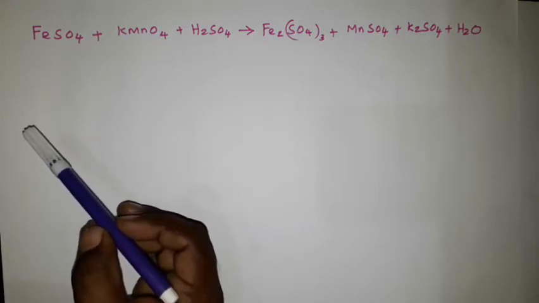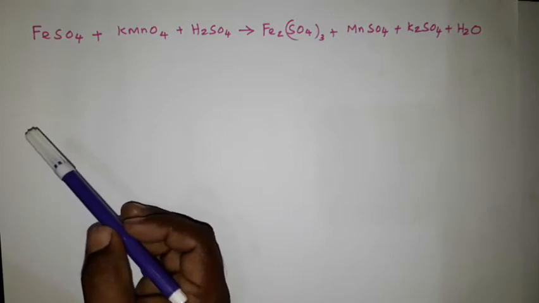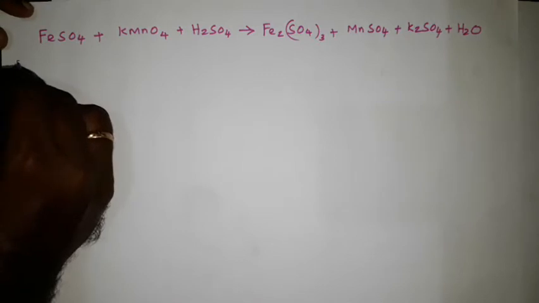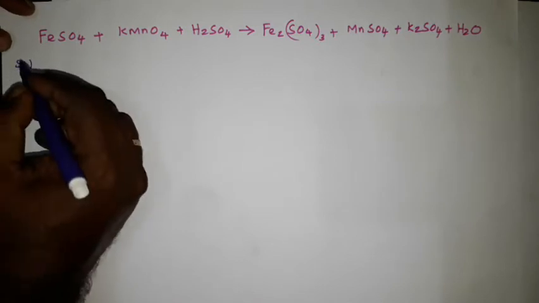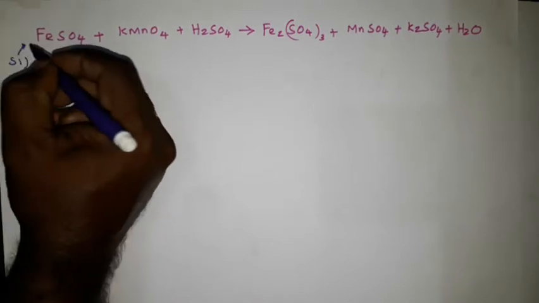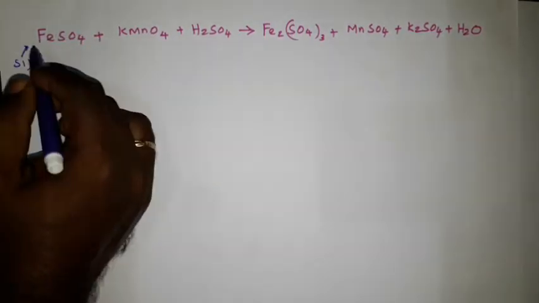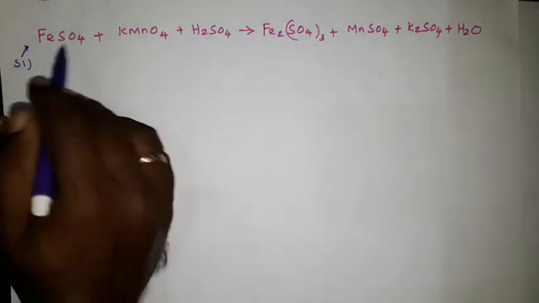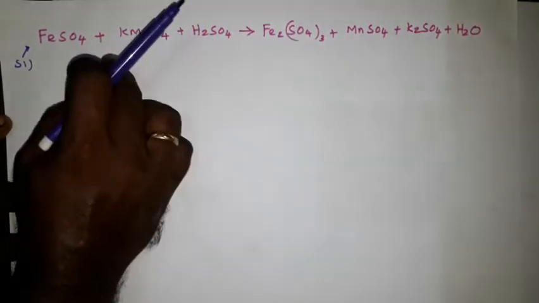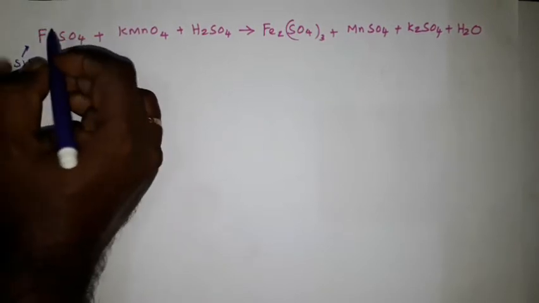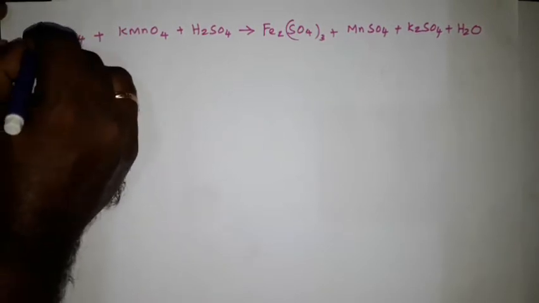With the help of oxidation number, we are going to balance. In the first step, assign oxidation number. You can calculate separately. After writing the equation, write the oxidation number on top of the symbol. So Fe oxidation number is plus 2.